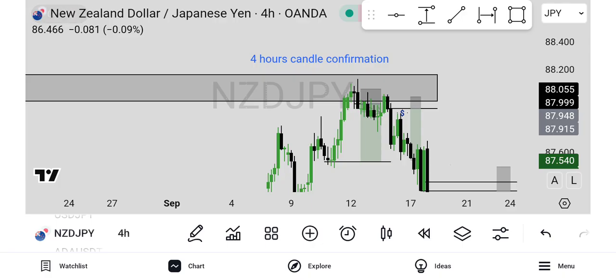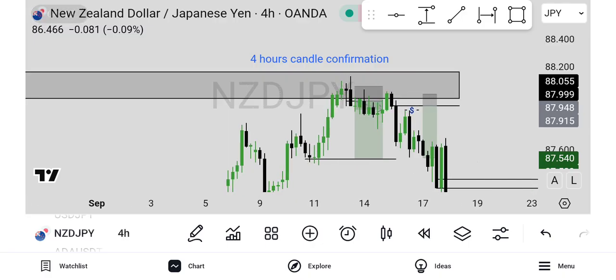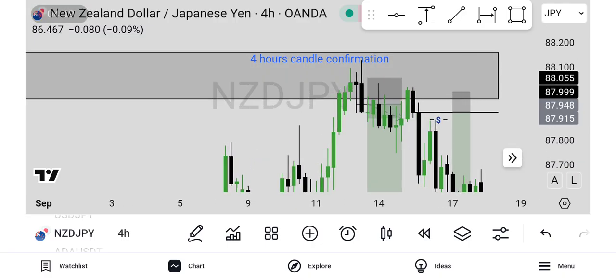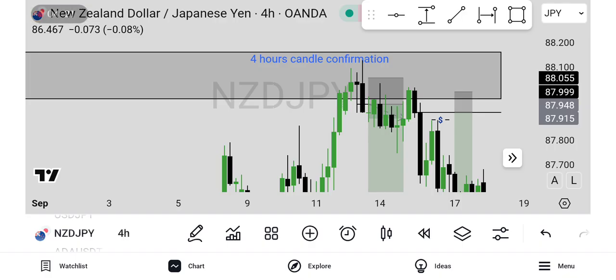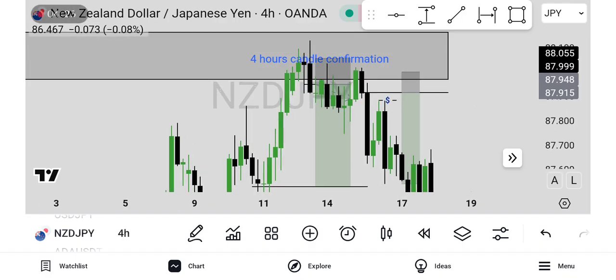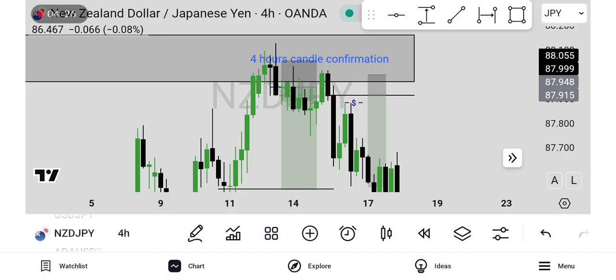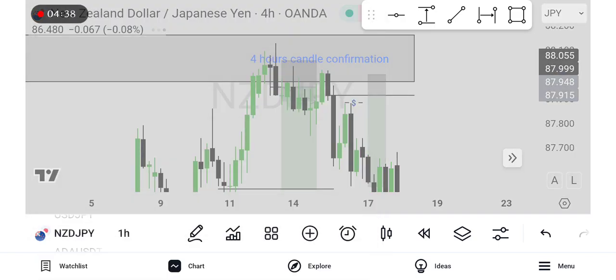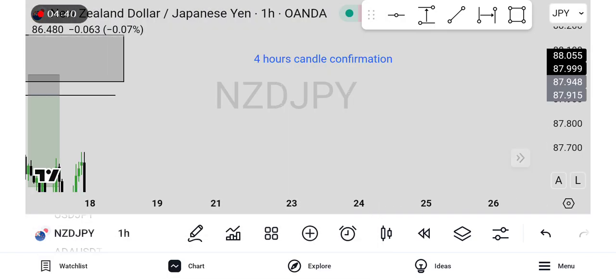After I marked out my supply block, I waited for the closure of this black 4-hour candle and it closed bearish, so I had to look for entry. After it closed, I scaled down to a lower time frame to look for entry. That is how to use the 4-hour time frame confirmation.